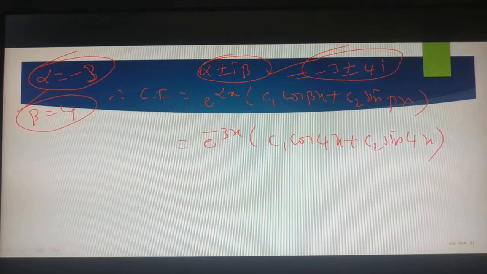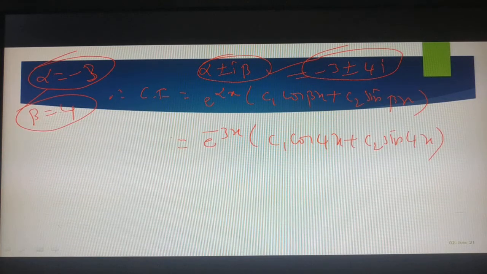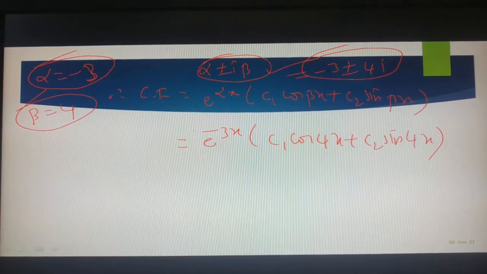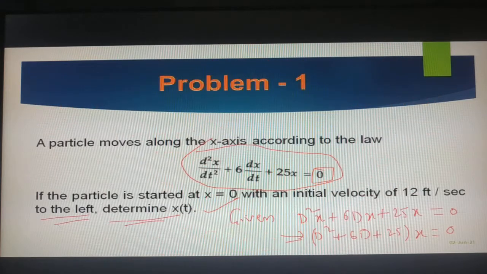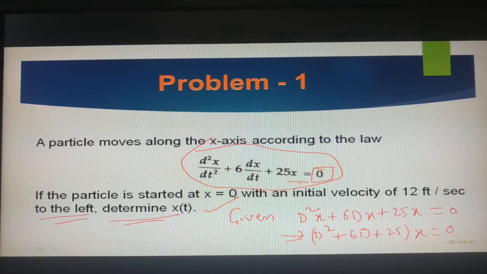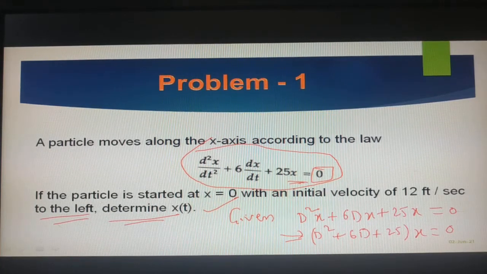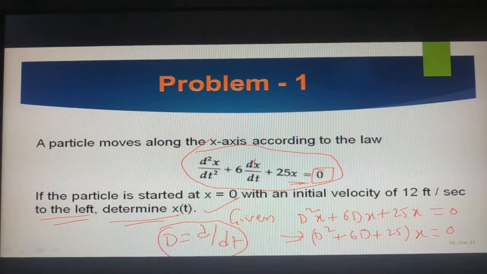Okay, so this is your complementary function as I told you. Now here we made one blunder. What is that? Anybody, can you identify this? Yes, go back and see this. We are solving for x with respect to t. Here capital D stands for d by dt.